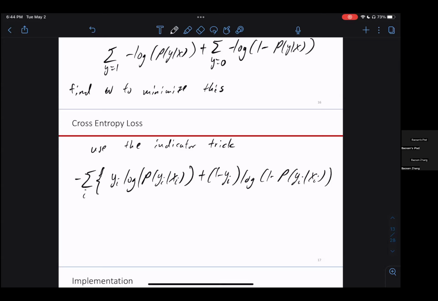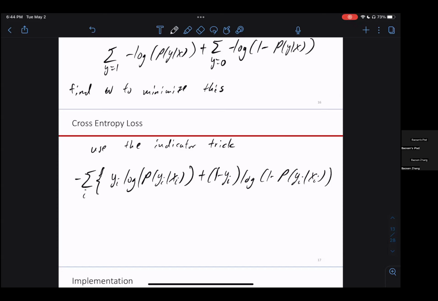Okay, so this is the indicator trick. Basically, you added this y multiplier in the front. If y is 1, this term gets completely killed, and you're just minimizing over the first term.